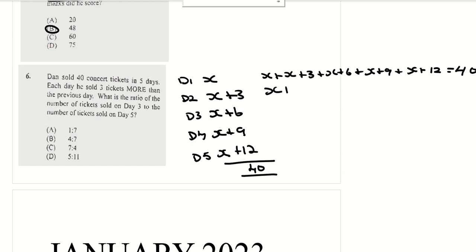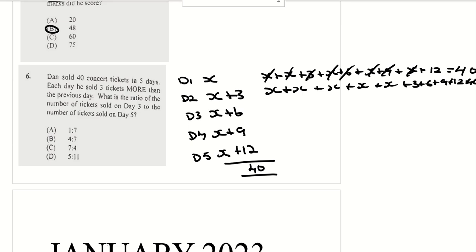Right, so that would be X plus X, plus X, plus X, plus X, plus 3, plus 6, plus 9, plus 12 is equal to 40.